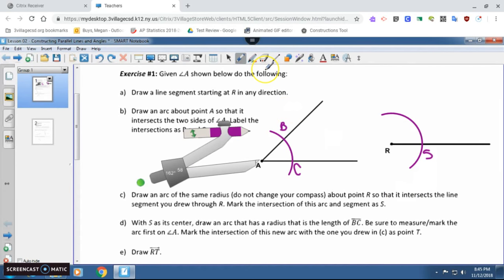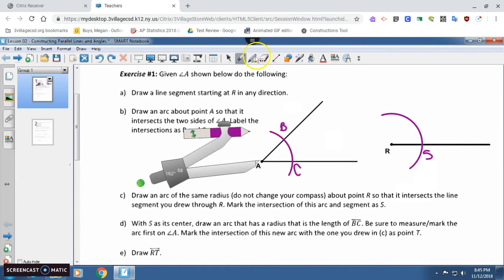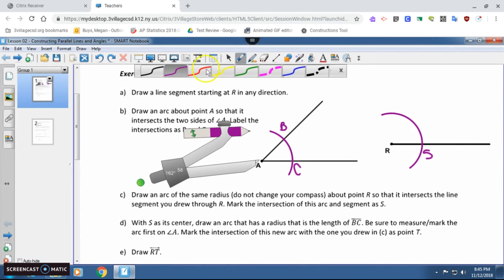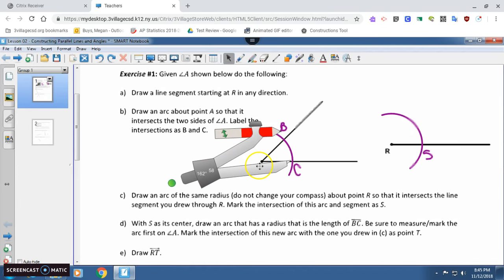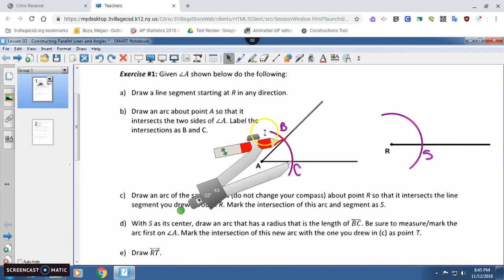Now, the next part when we're constructing is to find out exactly how far apart this angle is. So we can go to either of the intersection pieces, B or C, and we're going to have the clear piece at one intersection, and we're going to shrink down here so that our compass length is of this arc here, BC.